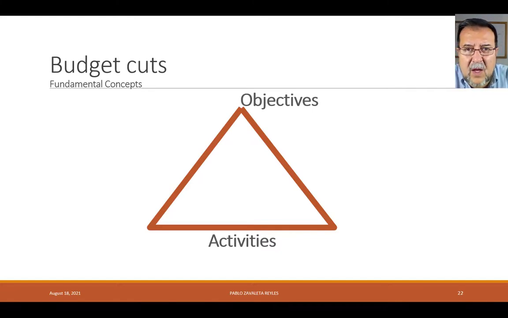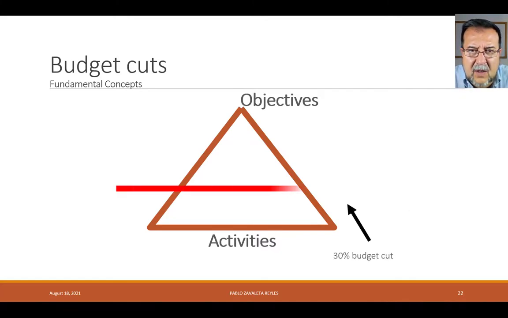Okay, usually what happens is that they say, okay, a 30% budget cut needs to be implemented. And they always ask, let's be very fair, everybody will receive the same cut. We will be cutting 30% across the board.